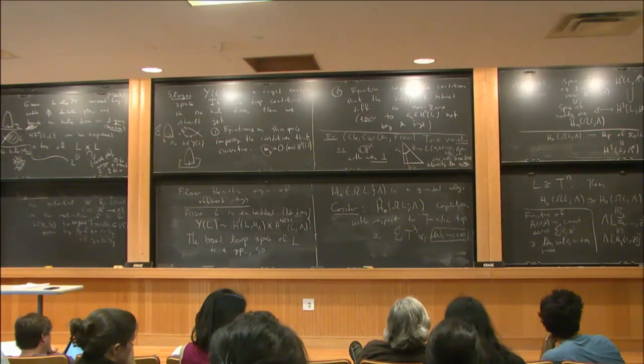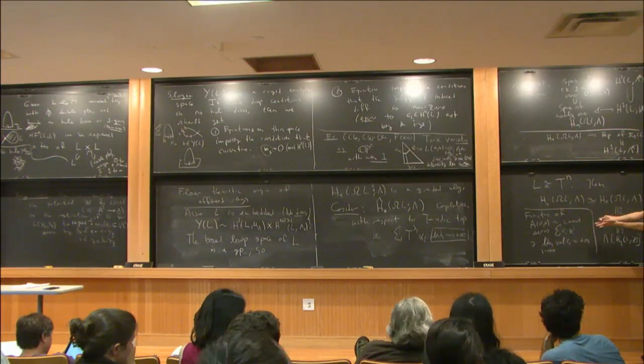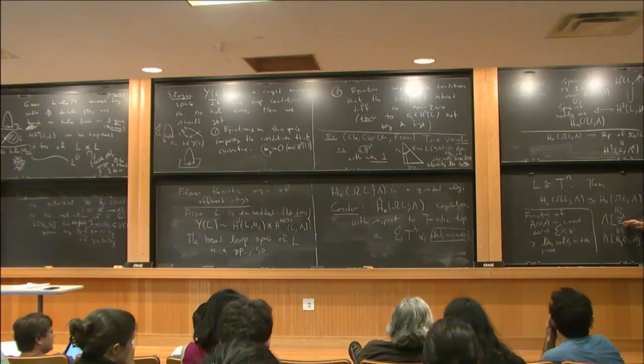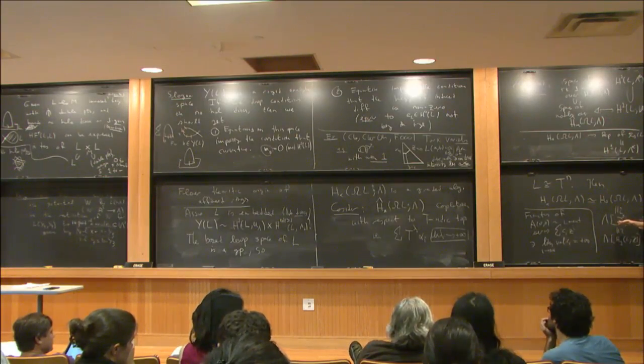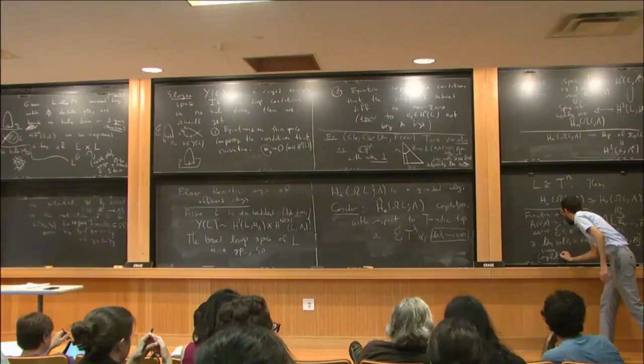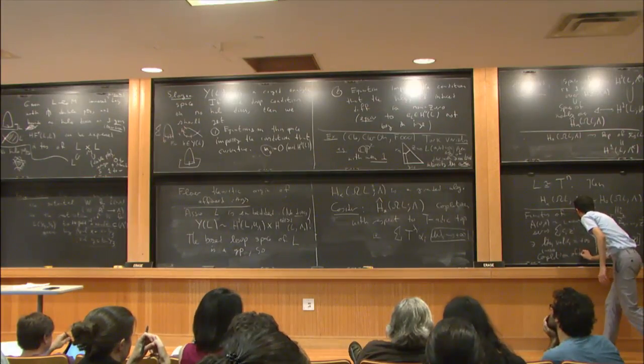But this is just the completion of this thing here with respect to the t-adic topology, if I think of it as a Λ vector space. This is the completion of Laurent polynomials.